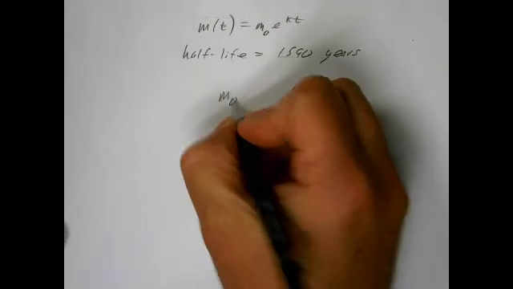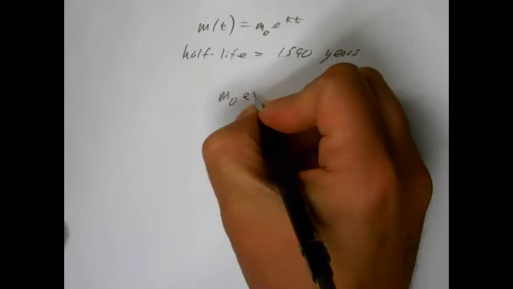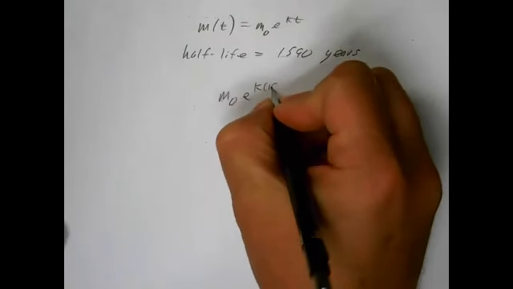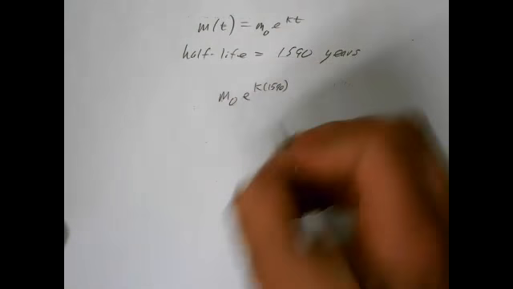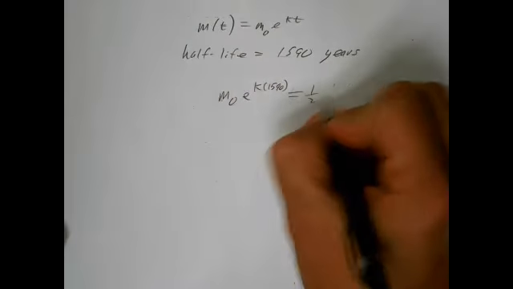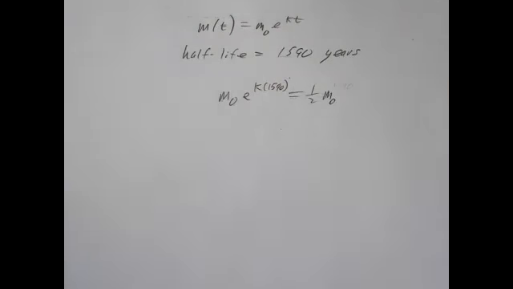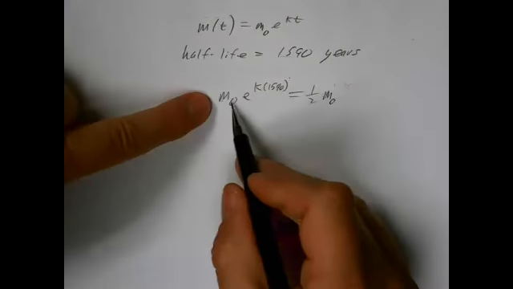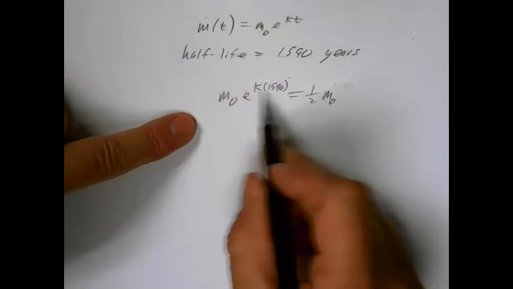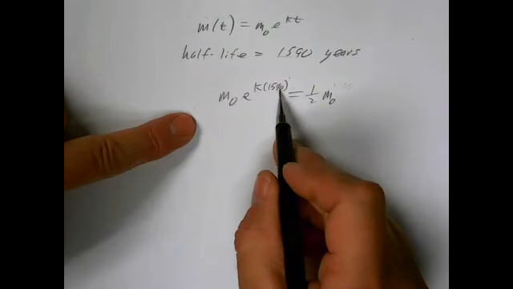Okay. Here's an easier approach. If you just say mass at time 0, e to the k times, let's go ahead and put the 1590 in here. Let's put it on this side instead, equal 1/2 mass at time 0. There we go. That's cleaner. All right. Mass at time 0 times e to the k times 1590. So I've just plugged the time in with 1,590 years.